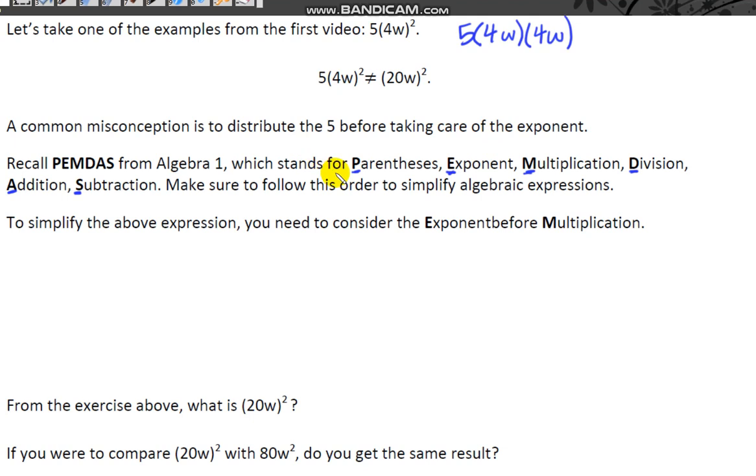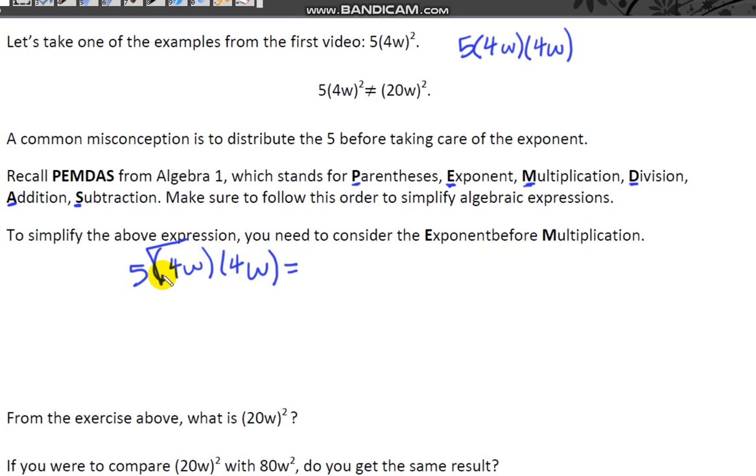Okay, so what we want to do here is, let's say I were to rewrite this. So I have 5 times 4w times 4w. Okay, so let's say we were to just simplify this further. So one way that we could simplify this is if we just took this whole expression here, right?